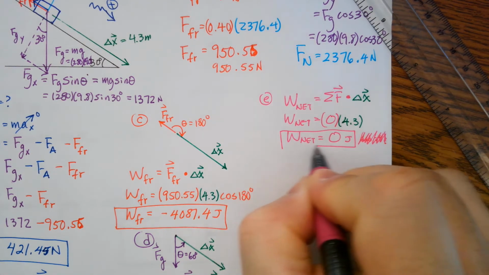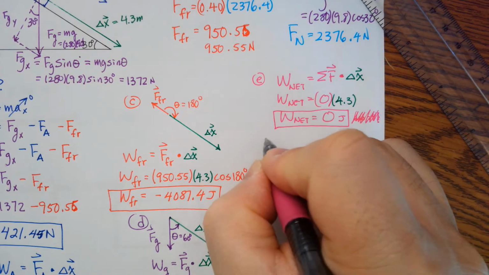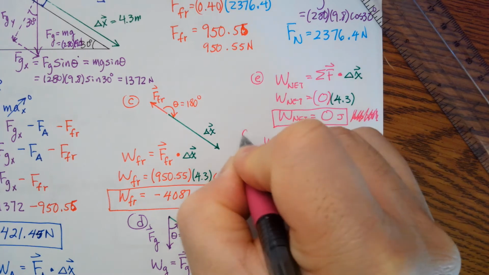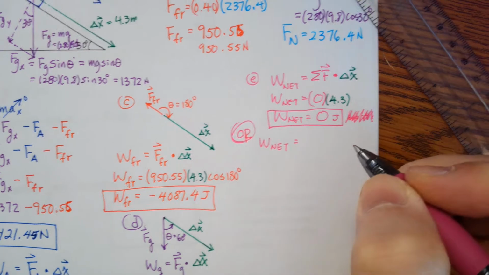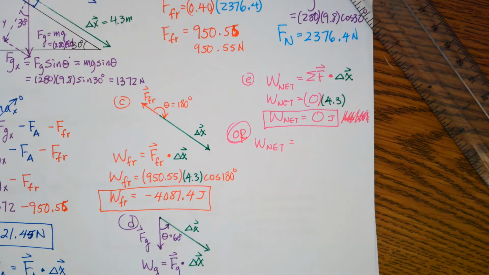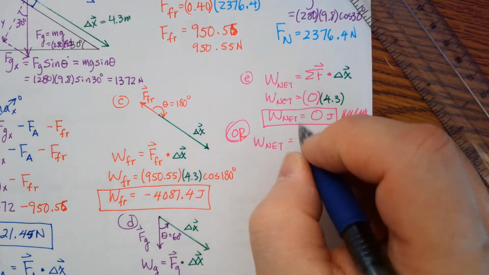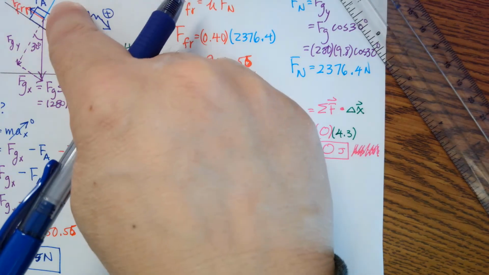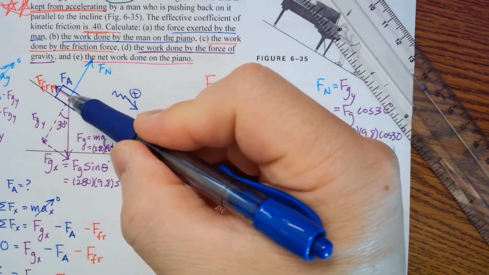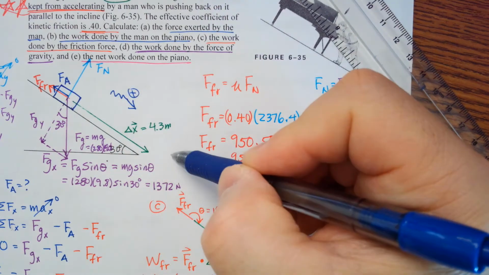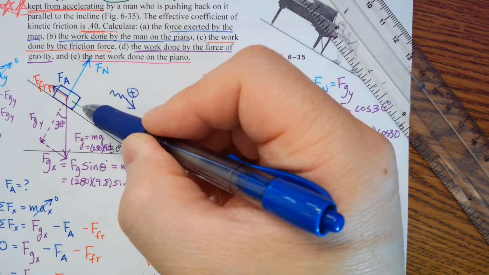Or if you want to figure out another way to find net work, work net is equal to the work done by all 4 forces. Well, we could find how much work is done by F normal. Since F normal and delta x are perpendicular to one another, we know cosine of 90 is 0.